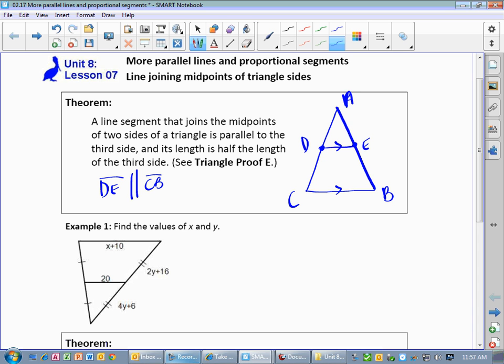Also, and the less obvious part of this theorem, is that the length of this line right here is half the length of the other side. So the length of DE is the length of BC divided by 2.